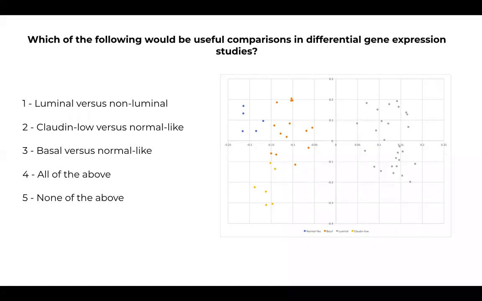So I think the right answer would be all of the above, because we can even see basal versus normal, and we can do the separation there as well. So I think the correct answer should be all of the above. But yeah, luminal versus non-luminal is the most obvious answer, based on the question also.